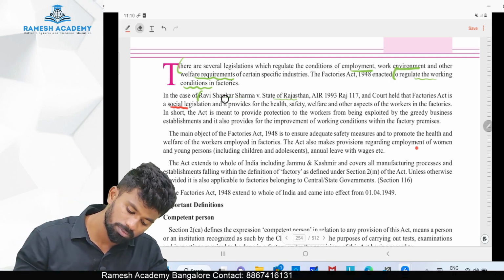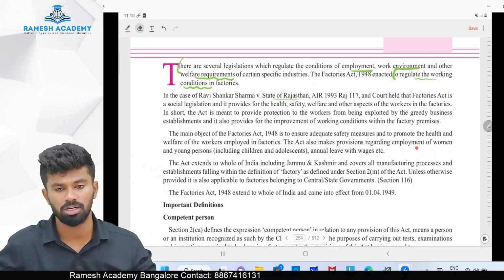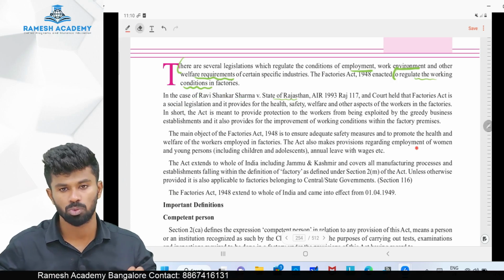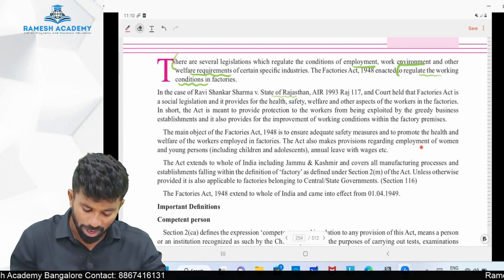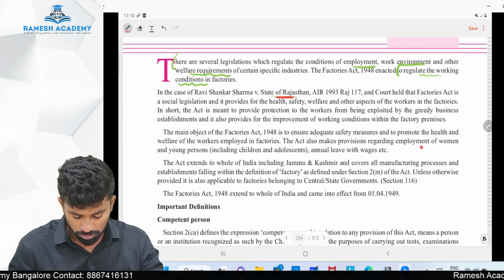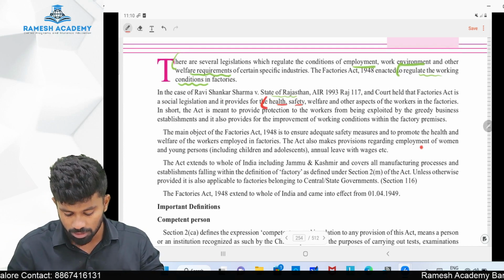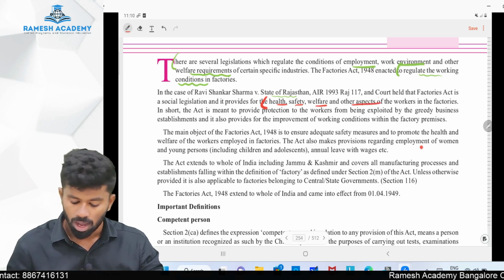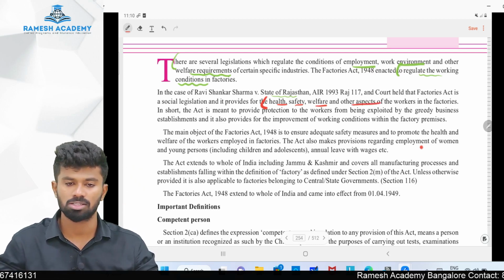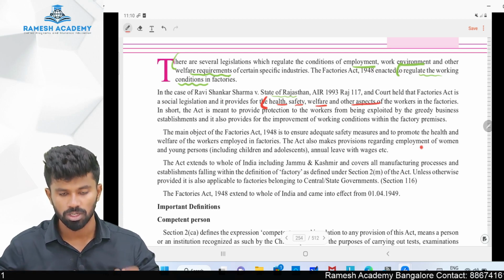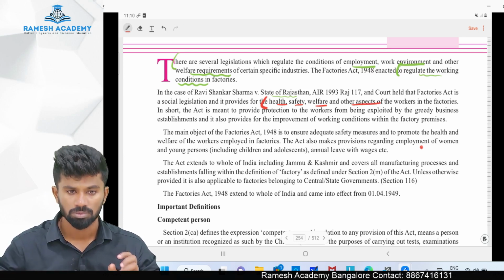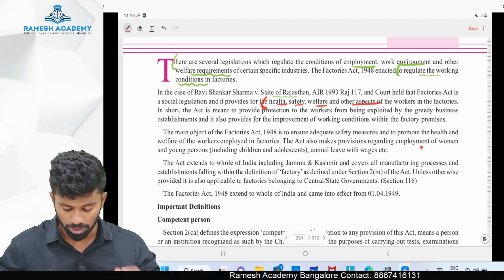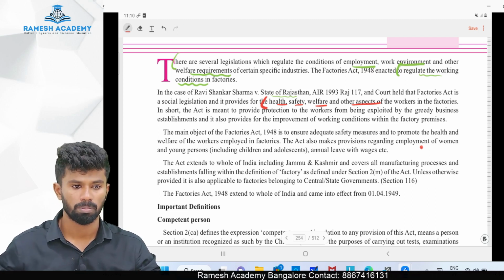Factories Act is what type of legislation? It is a social legislation to provide for the social betterment of the employees, which provides for the health as well as safety, welfare and other aspects of the workers in the factories. So it provides for health measures, safety measures and welfare measures.